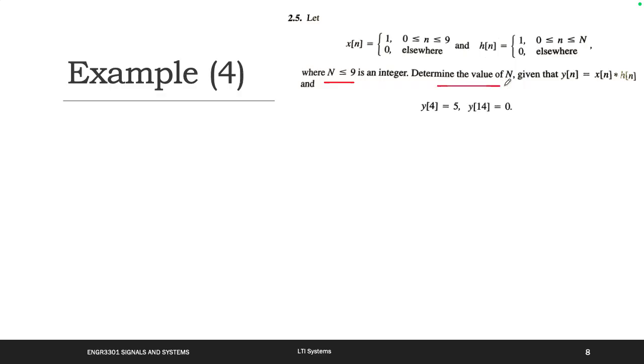For this question, we need to determine the specific value of n. So what should we do? Firstly, let's write down the output first, because we know xn and hn. What is yn?